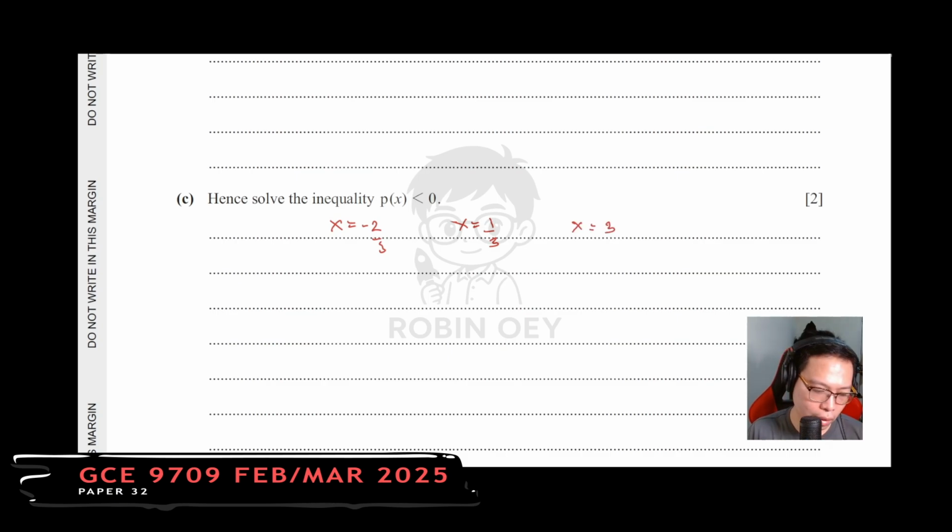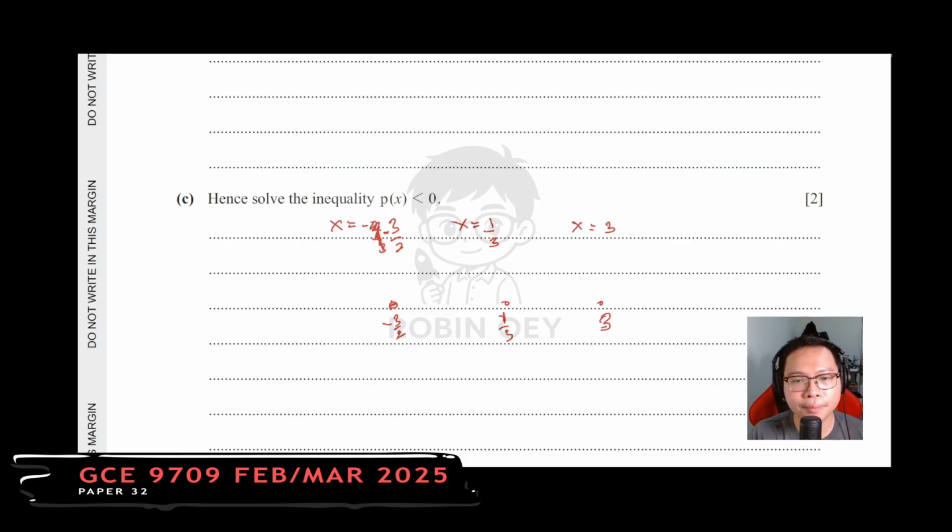Okay, so we just rearrange. Negative 3 over 2, we have 1 over 3, and we have 3.